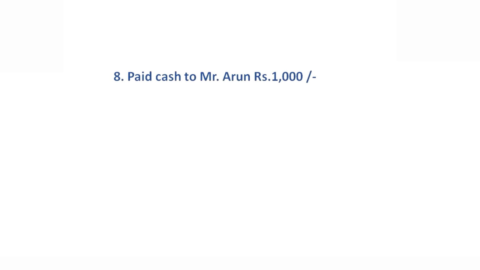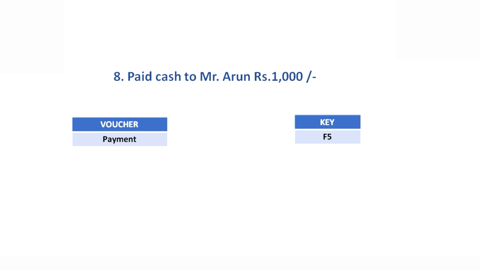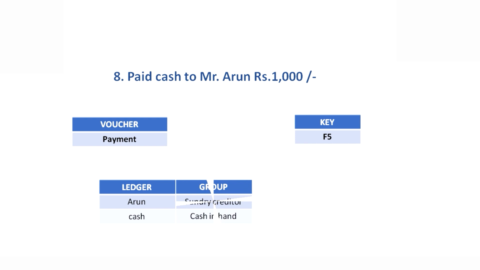So next we go with paid cash to Mr. Arun rupees 1000. So we use a payment voucher. The shortcut key is F5. So we require to pass this transaction is Arun and cash. Both are already created to pass our previous transactions.